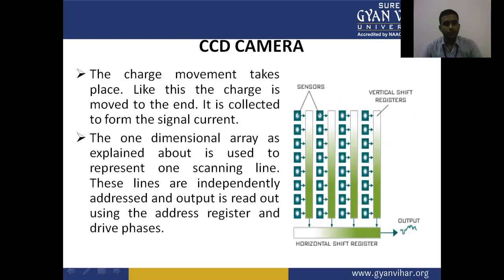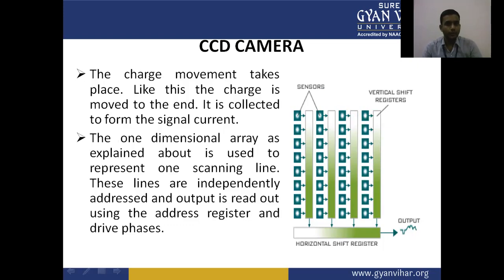In CCD cameras we have horizontal shift registers, vertical shift registers, a sensor, and an output. The charge is moved to the end and collected to form the signal current.